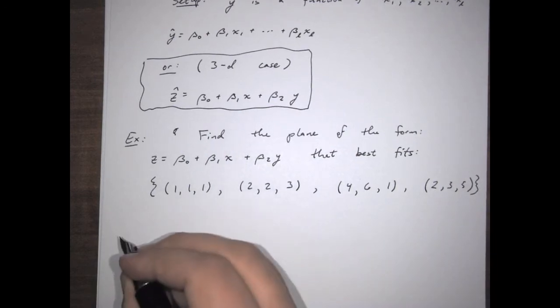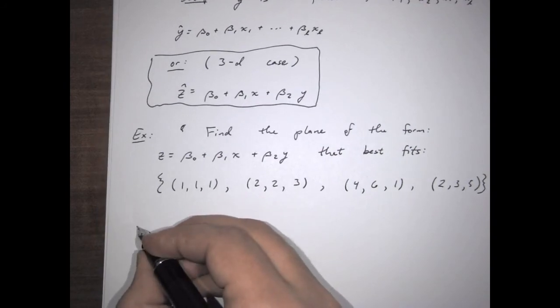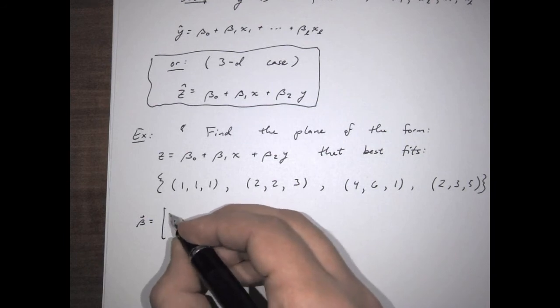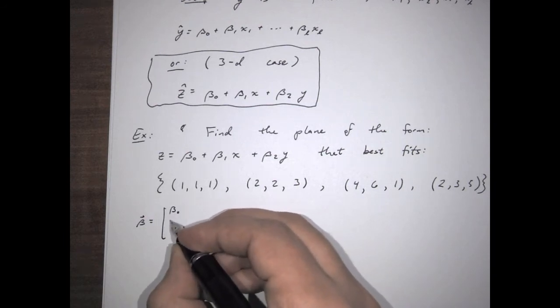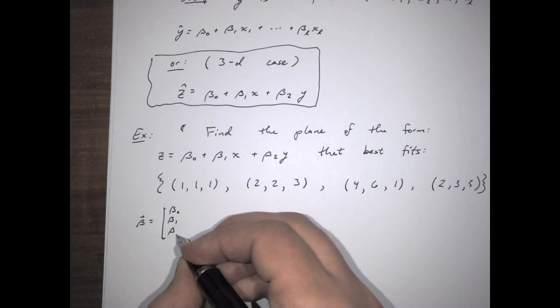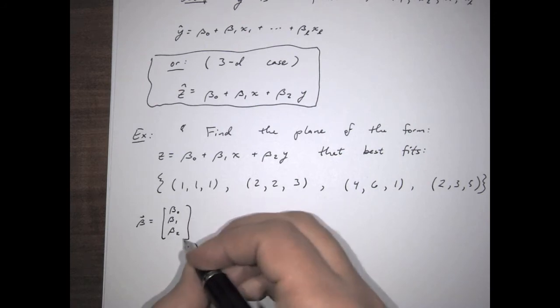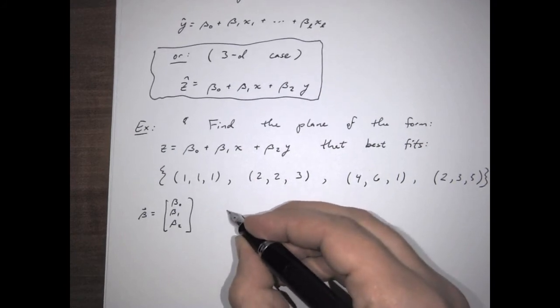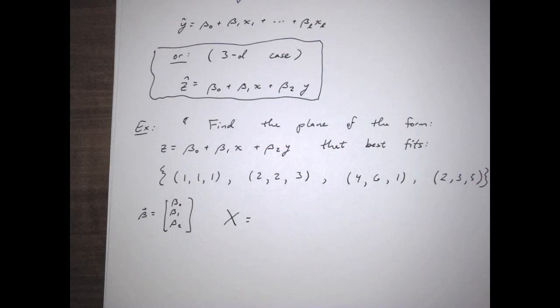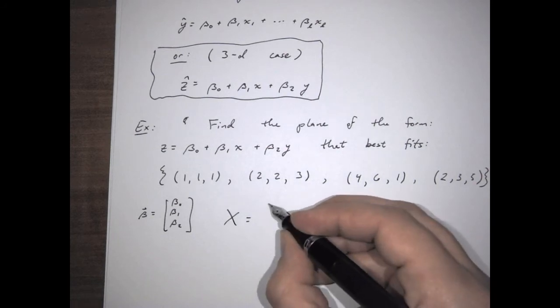Alright, so then let's think about this. The parameter vector is always going to just be our place to record what is up for grabs here, and that would be beta naught, beta 1, beta 2. Now, the design matrix actually doesn't have anything very different in its setup from before.